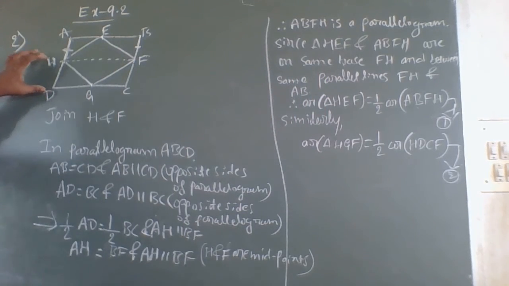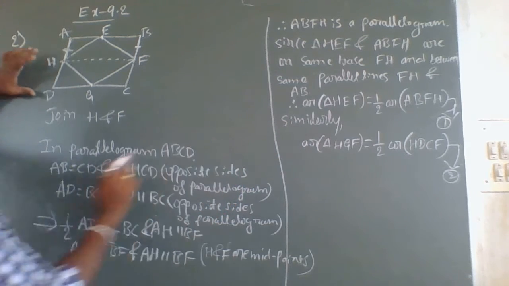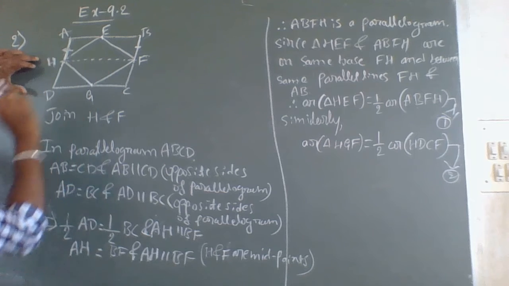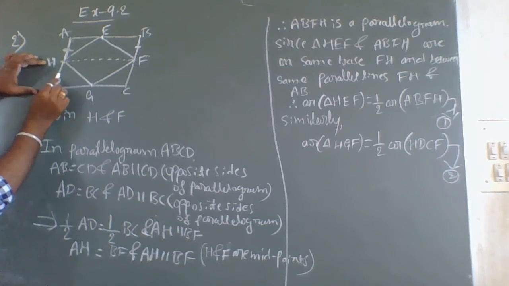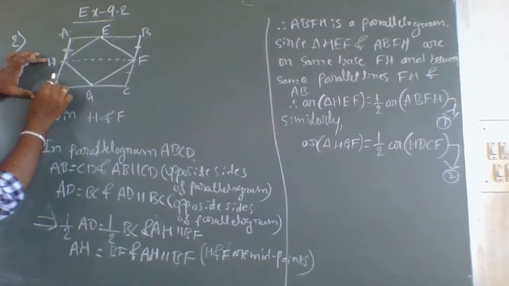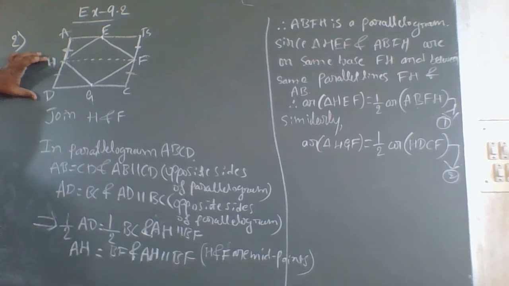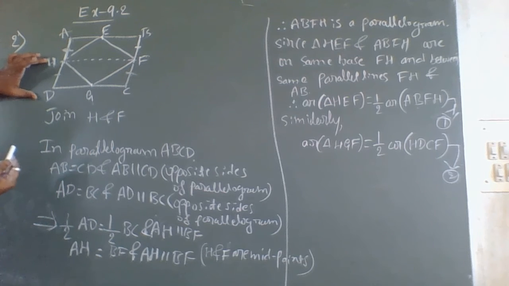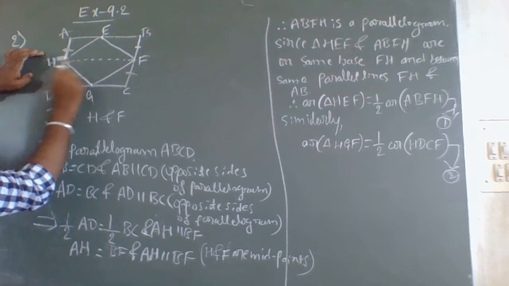Here I have written directly. Similarly, here H is the midpoint and F is the midpoint, so we know that HD and FC are equal to each other, and these two are parallel to each other. If one pair of opposite sides of a quadrilateral are equal and parallel, then it is a parallelogram.